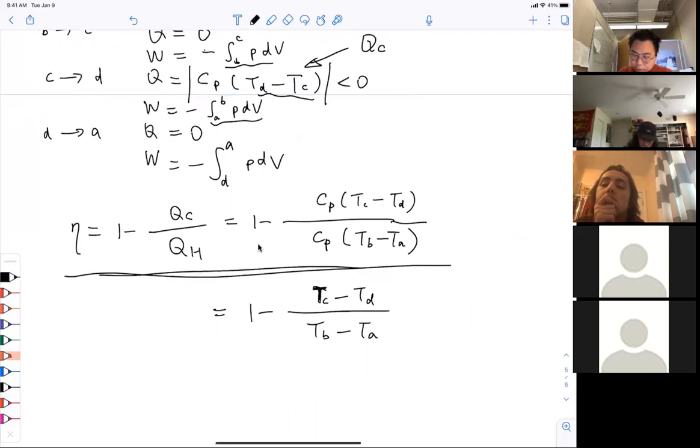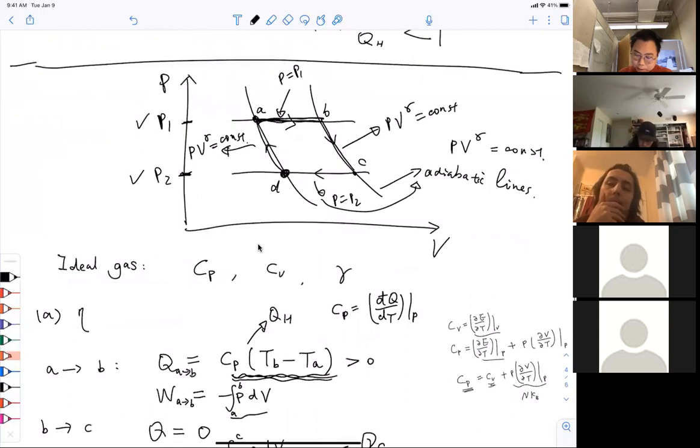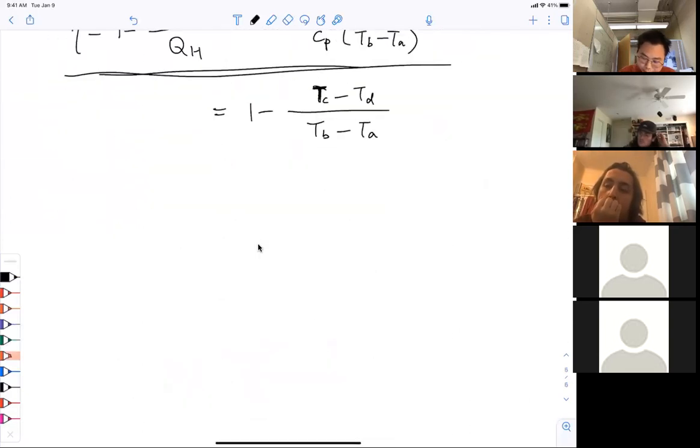Of course, we need to use gamma. So for point B and point C, they are related by this relation.